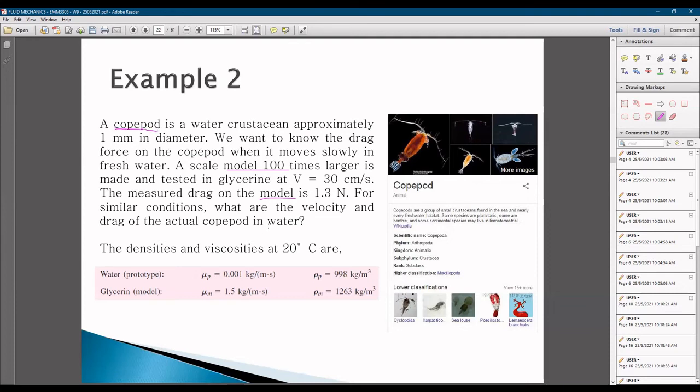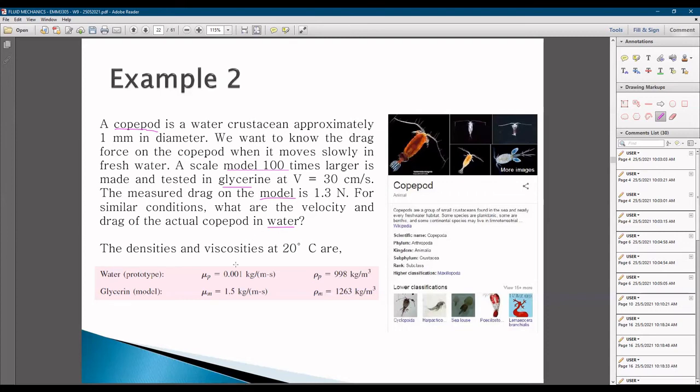In our testing, we use glycerin, and in actuality this creature lives in water. So we know that glycerin and water surely have different densities and viscosities.